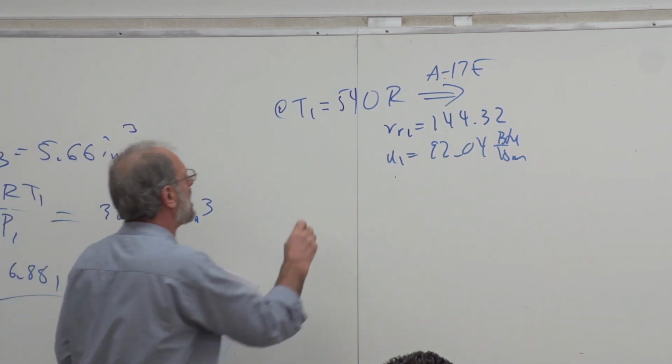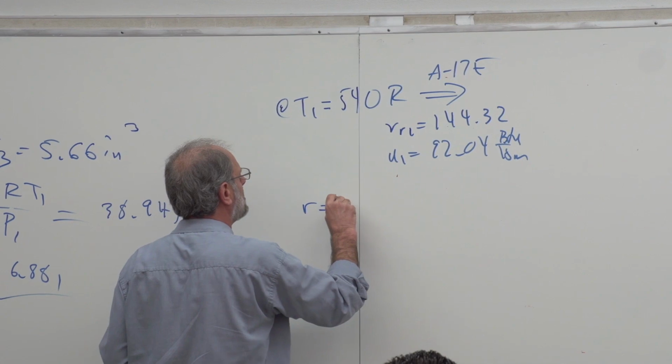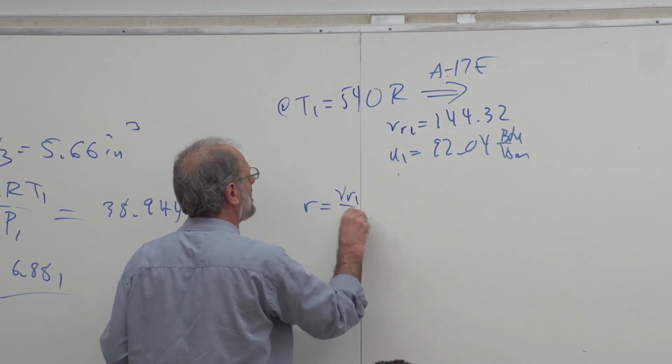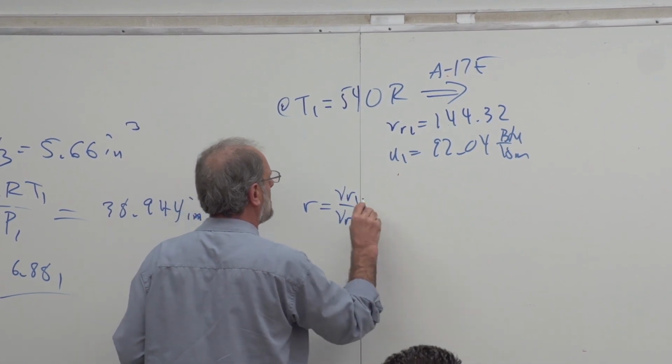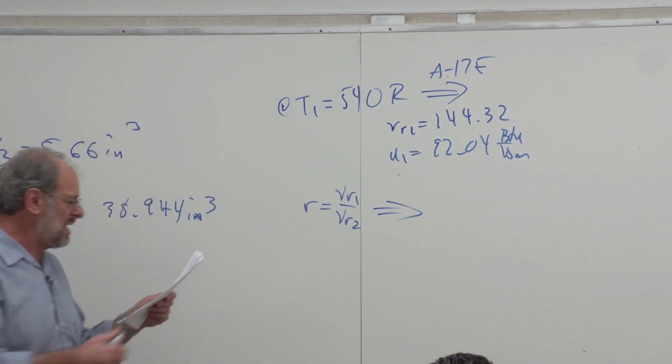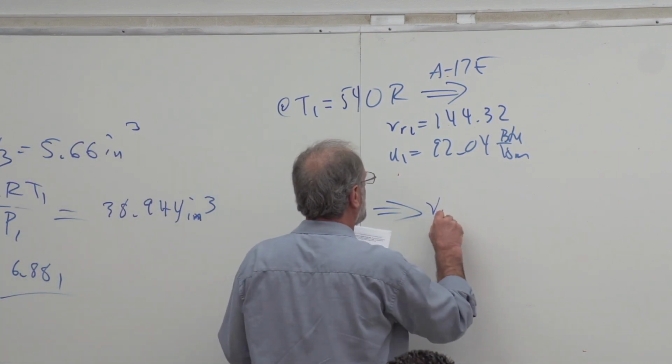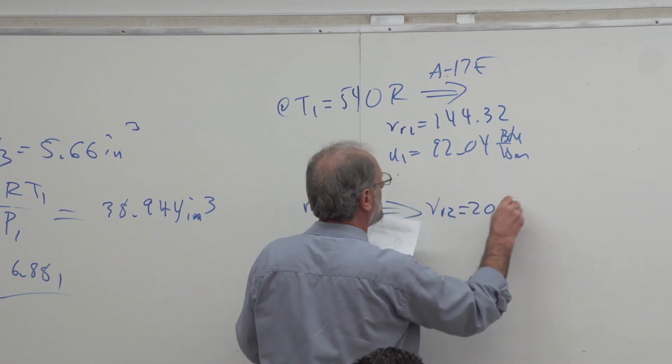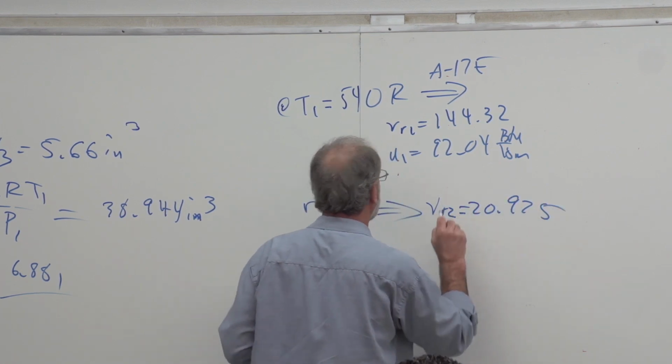Now we would recognize that our compression ratio is also equal to the ratio of the relative specific volumes. So having VR1, we can just plug in above, and we get VR2 of 20.975.